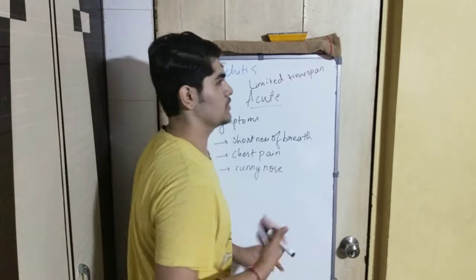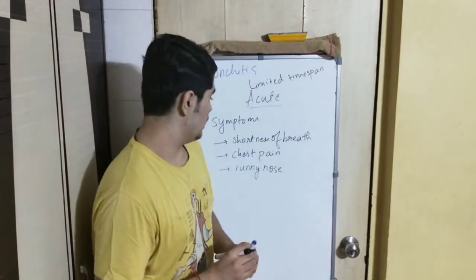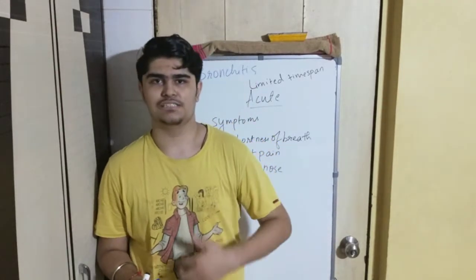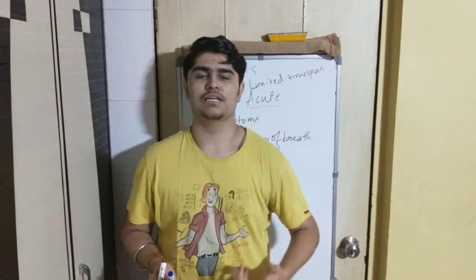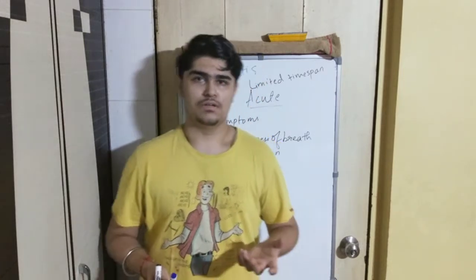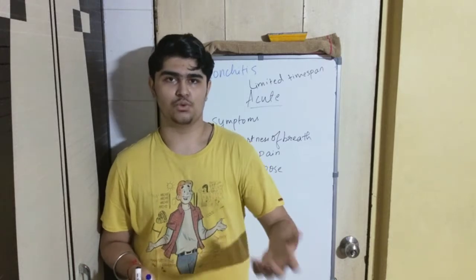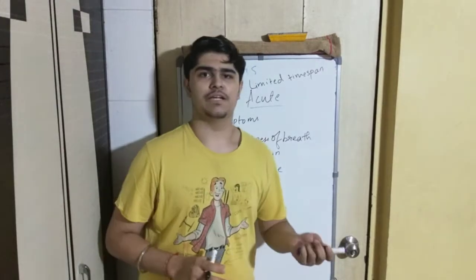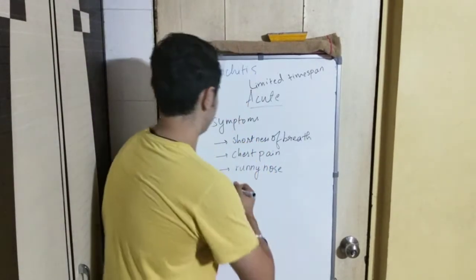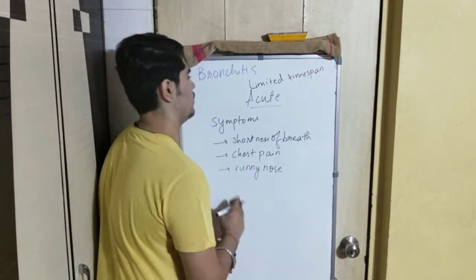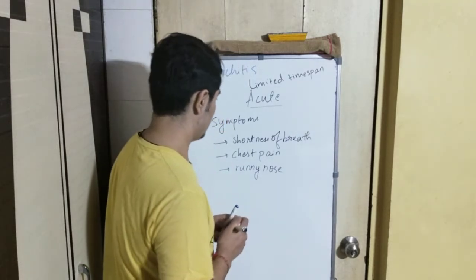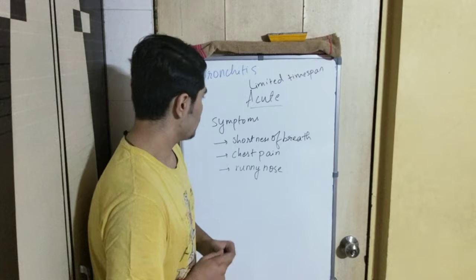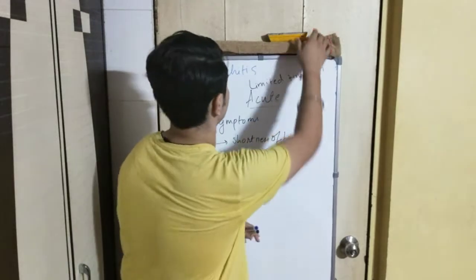That is, the sputum is constantly coming out of your nose and leading to shortness of breath. As the air is not getting exchanged, the pure blood is not getting exchanged with the impure blood, and the exchange of gases, that is O2 and CO2, does not take place, so there is shortness of breath. And yes, there is chest pain due to shortness of breath. These are symptoms for acute bronchitis. You can copy it down. I hope you have copied it.